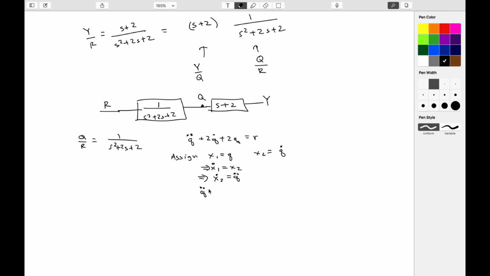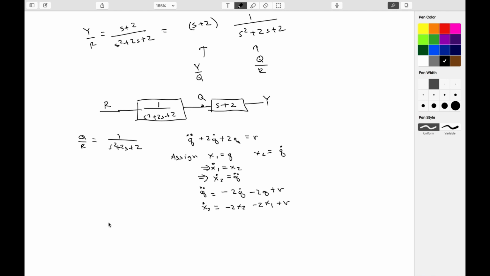We can get q double dot is equal to minus 2q dot minus 2q plus r. And we can sub our state variables. So x2 dot is equal to minus 2x2 minus 2x1 plus r. Okay, so that gives me the x equations that I need.